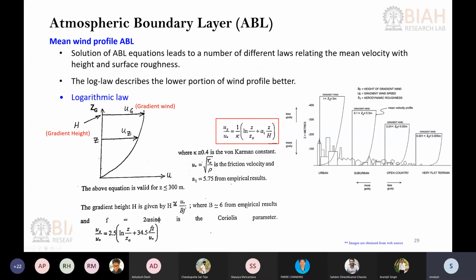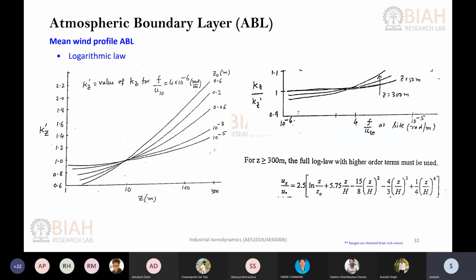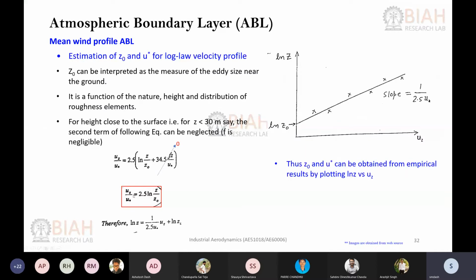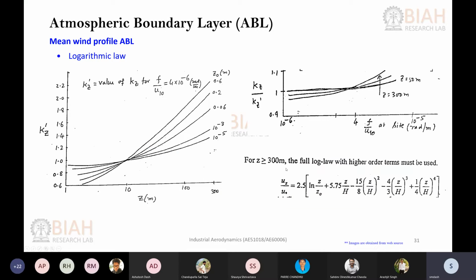The equation will have only the first term on the right hand side, not the second term, because you can neglect that term. And if you are applying this log law for heights greater than 300 meters, then you need to include additional higher order terms, which are mentioned here.